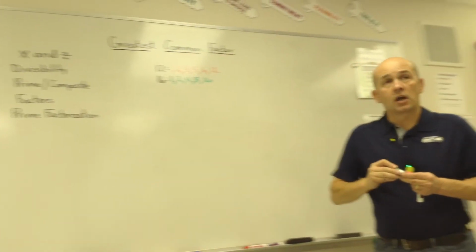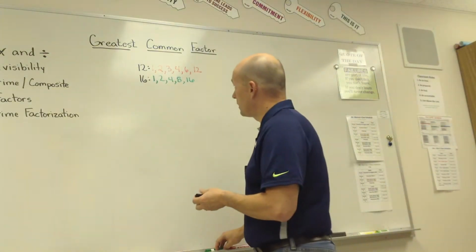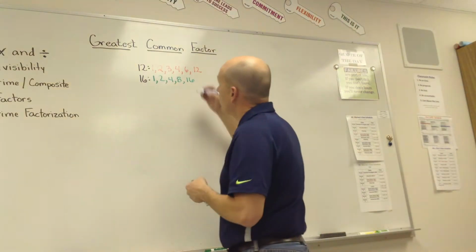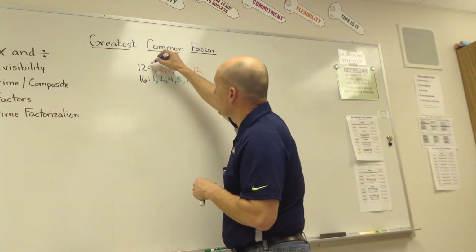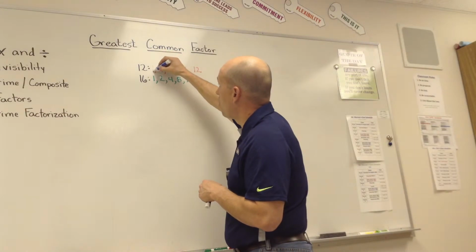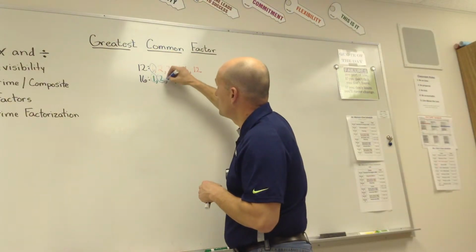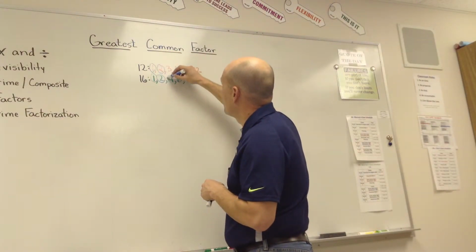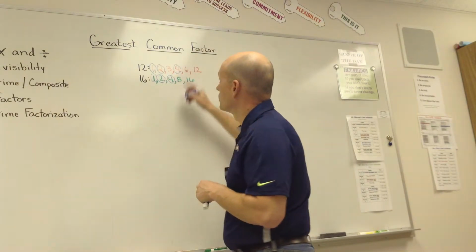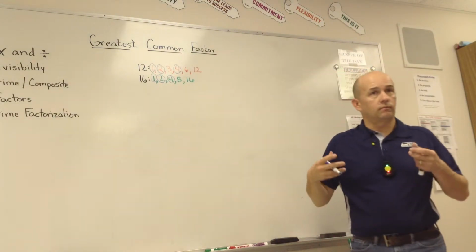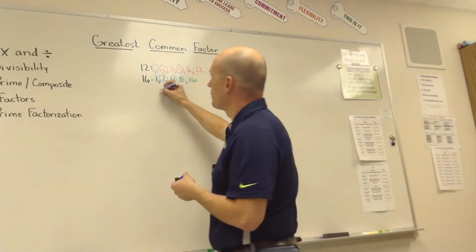So, just like we talked about, the common factors are those factors that show up in both lists. So 1, 2, and 4 are my common factors. The biggest number, 4, is the greatest common factor.